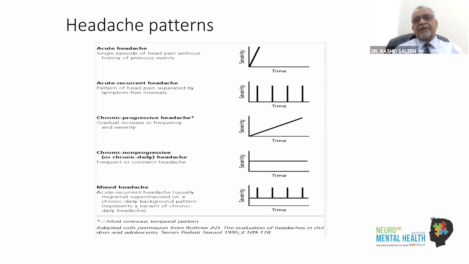From our clinical practice, when I was in the UK, we came across a large number of teenagers and adolescents in this age group presenting to neurology. I find this slide very, very important from the clinical point of view.